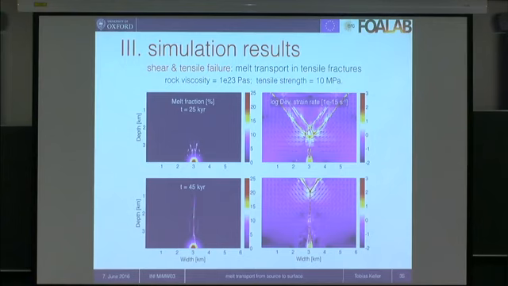And what you can see here in the strain rate field, so this is the magnitude of strain rate, is that due to the extensional strain rate imposed, stresses are large enough to fracture, so we have an extensional fracture regime coming up here.